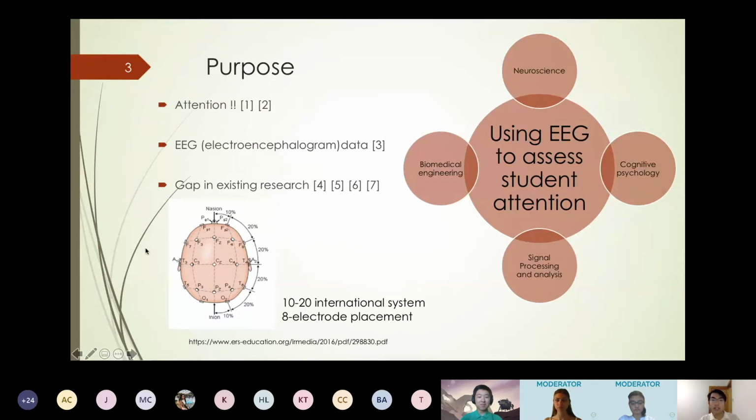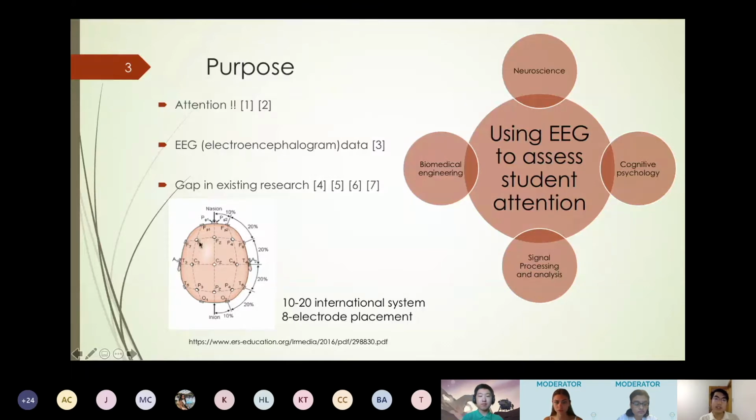And the EEG data can be obtained using this 10-20 international system with 8 electrode placements. So the 10 and 20% originates from the 10 and 20% between adjacent electrodes around the scalp of the patient, and an illustration can be shown here.